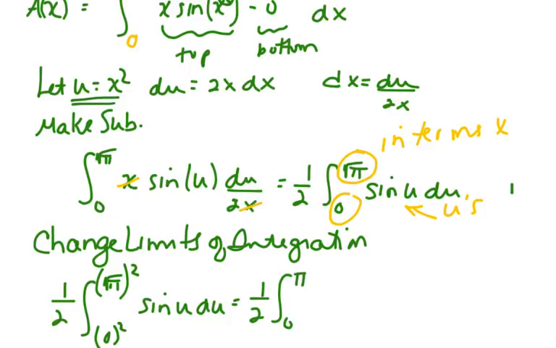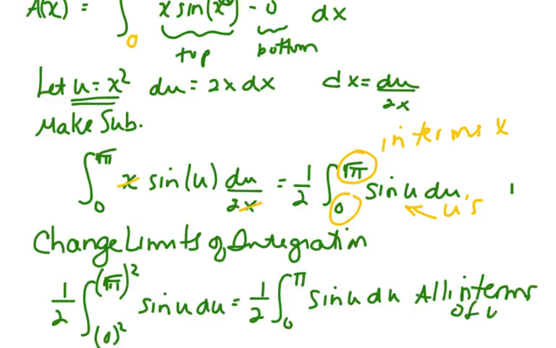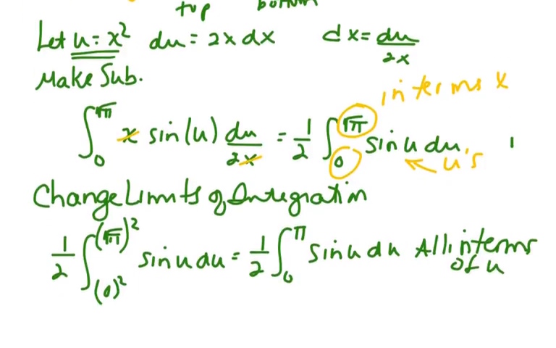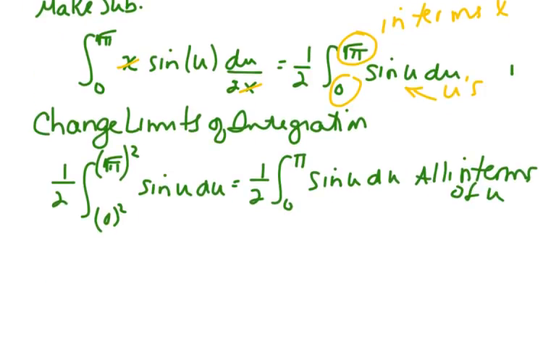The square of a square root just cancels out, and everything is in terms of u. So we're good to go. This gives you a little bit more practice with definite integrals. So take the antiderivative and evaluate it.